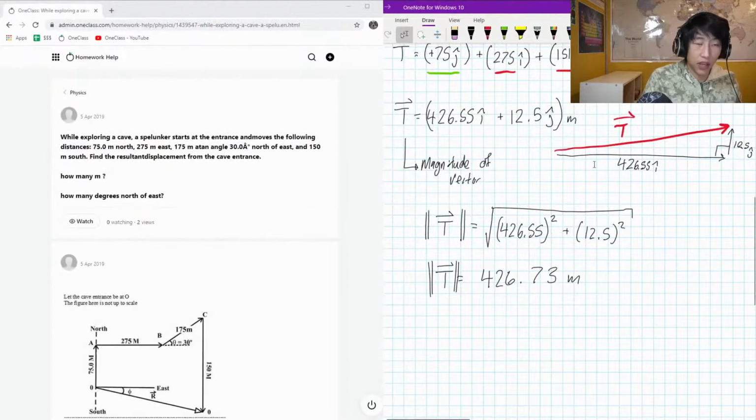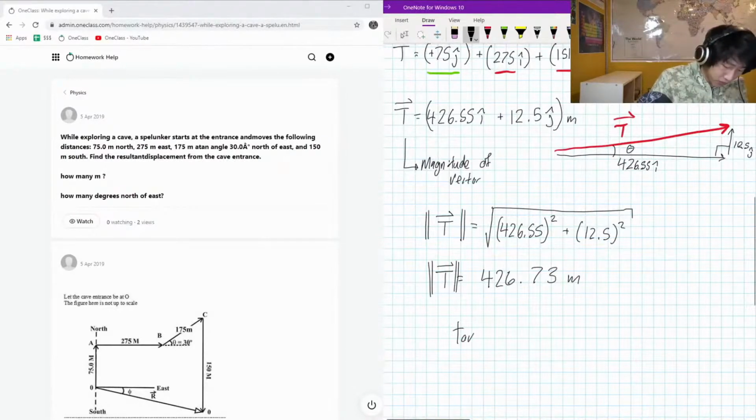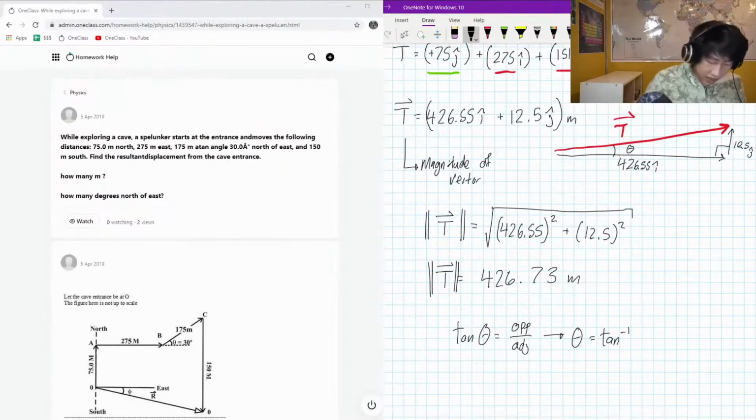Now, to find the angle, essentially we're looking for this little angle right there, that theta angle. Another one of these right angle triangle situations, we can think back to SOHCAHTOA. We know tan relates the angle to the opposite and adjacent. Tan theta equals opposite over adjacent, so to isolate theta we do tan inverse of the opposite divided by the adjacent.